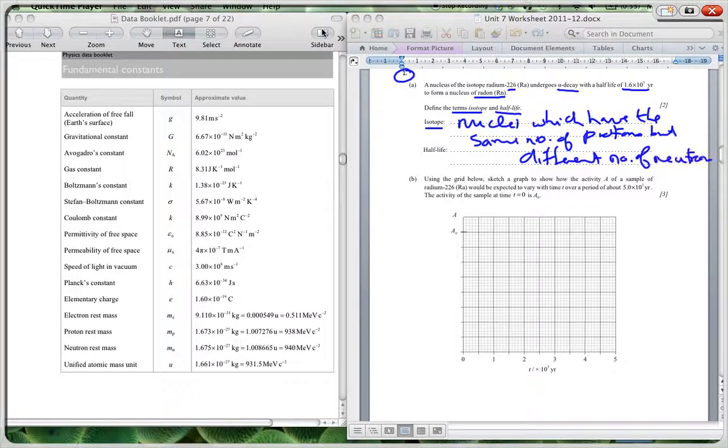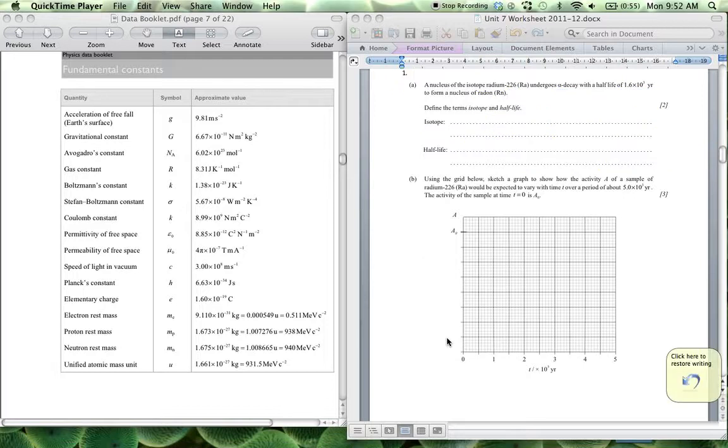So they're the same element, but they've got different number of neutrons. So they've got the same number of positive charges, therefore the same number of electrons in the neutral state, but they've got different number of neutrons. So the mass of the nucleus is different.